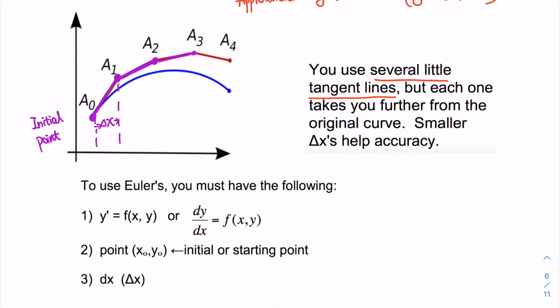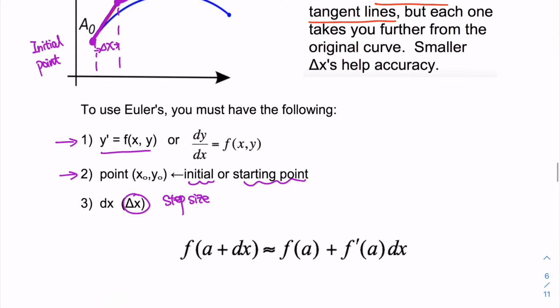The conditions are: given the differential equation, the initial point where you start, and also delta x, which we call the step size. Euler's method is the same thing as tangent line approximation, but we need a couple of different tangent line approximations here. The formula is given here.